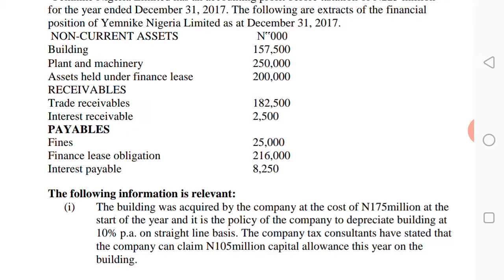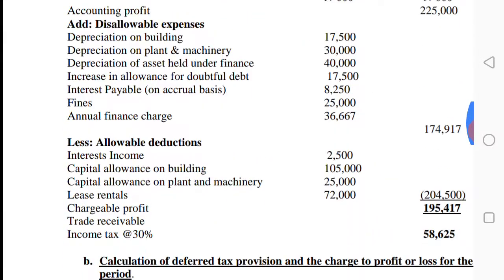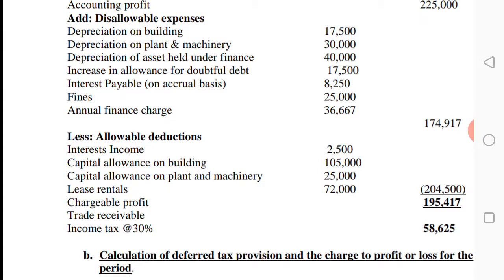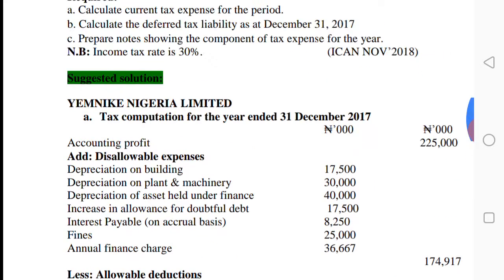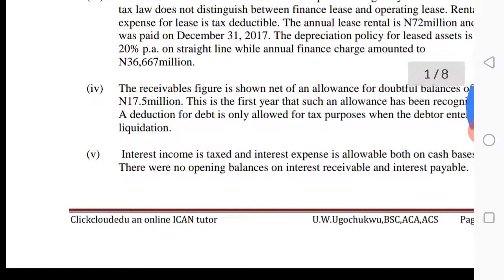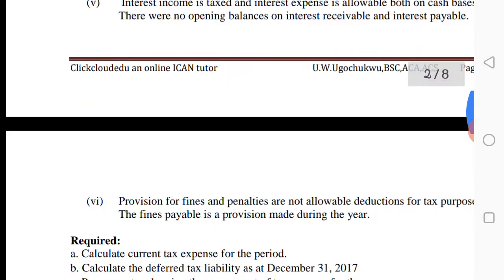These are expenses. And the annual finance charge, which we are given on a straight line basis, is 36,667,000.